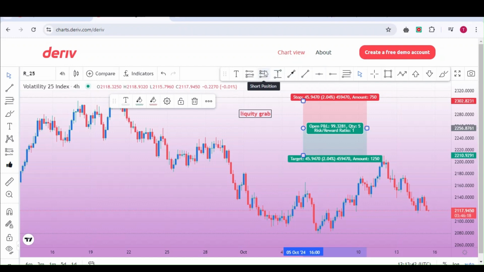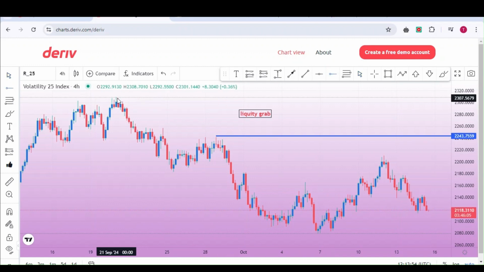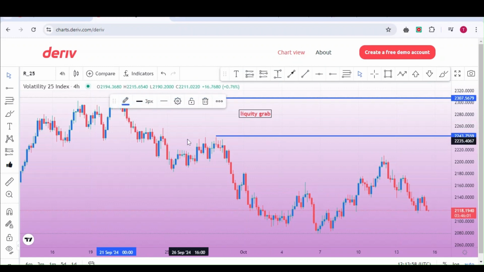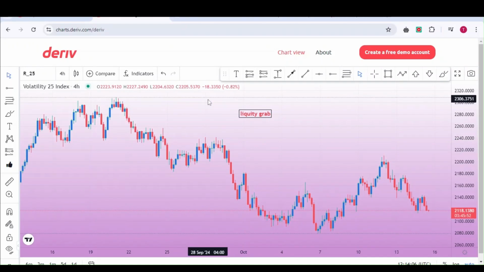So whenever you identify the swing highs and the swing lows, that's where the price attempts to break these levels but fails. I hope we are together with that. Those are areas where the market tries to break but fails.